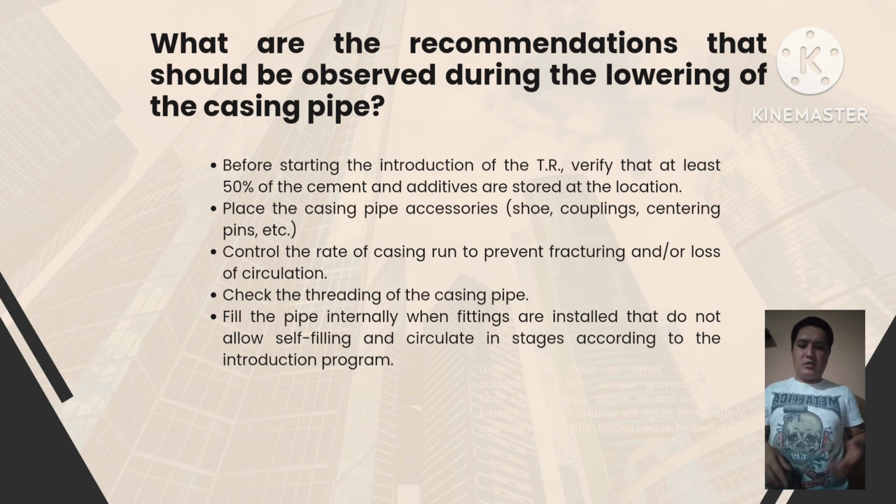Number 3, control the running rate of the casing pipe to prevent pressure surges and loss of circulation. Number 4, check the casing pipe, and number 5, move the pipe intermittently when there is friction, and do not hold it when circulating, following the introduction program.